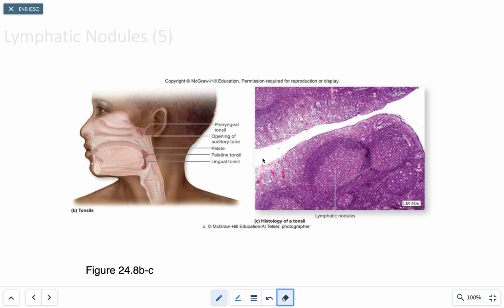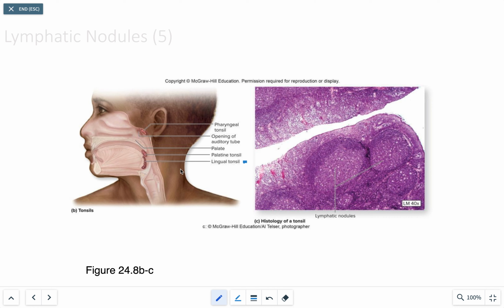The next one we see is the palatine tonsils. These are located mostly in the oral cavity, on the posterior lateral region. And then the last one we see here is the lingual tonsils. They're located in the posterior one third surface of the tongue.